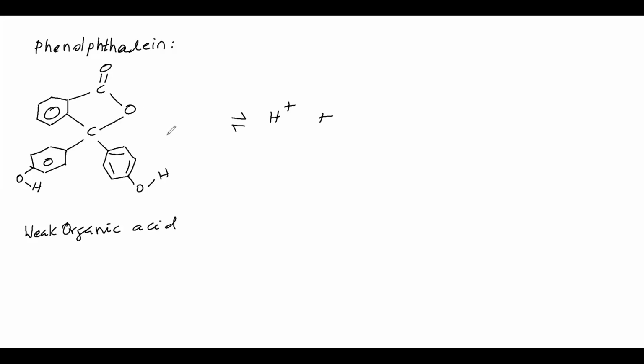So that H plus, where is it coming from? We will see the bond shifting, therefore it is giving H plus. This hydrogen will come out as H plus. So the rest of the part we will write. First phenyl ring we have written, here C double bond O, here O, here carbon.